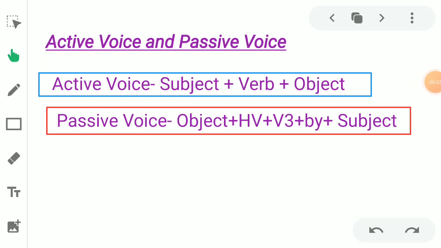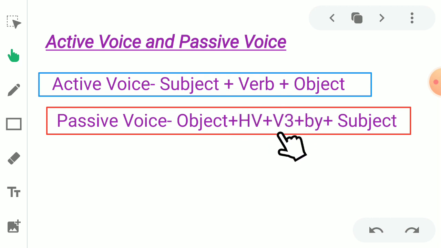In today's session, we are going to study about active voice and passive voice. In active voice, we have subject, verb, object. In passive voice, we have the object of active at first. Then HV, where H refers to helping and V refers to verb, helping verb.